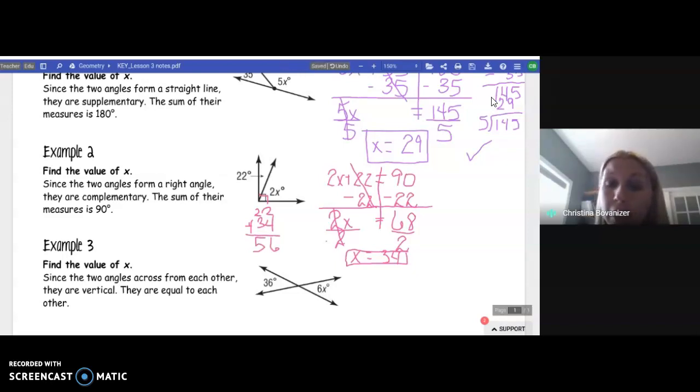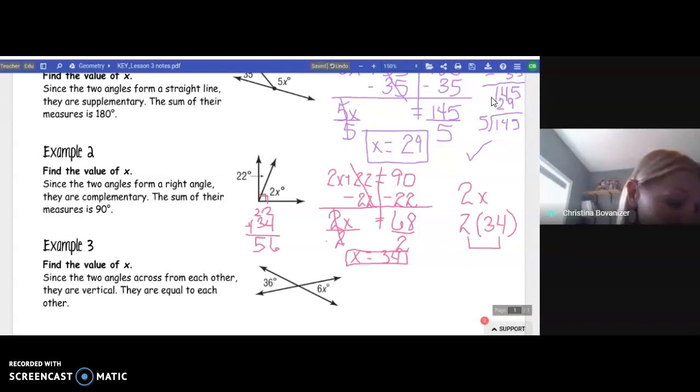34 is just x. But we know that they gave us 2x. So we could take 2 times our x, which is 34, and that will be the measure of our angle. So 34 times 2 is 68.